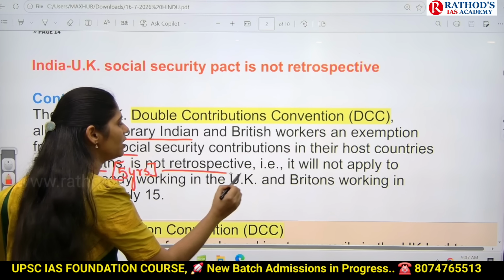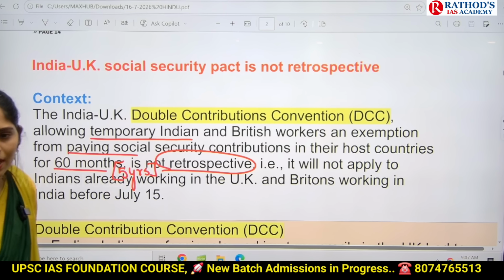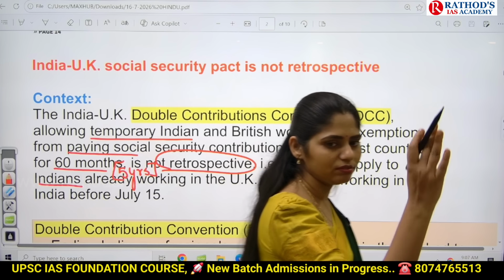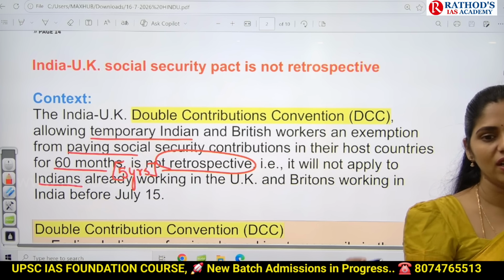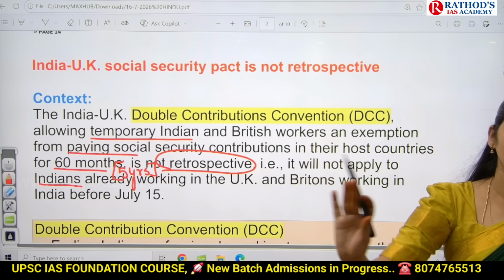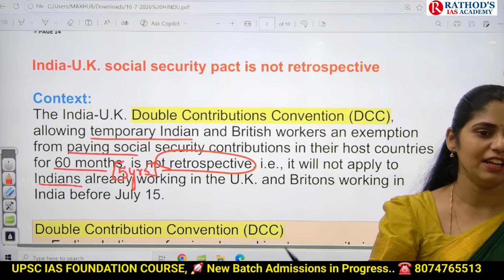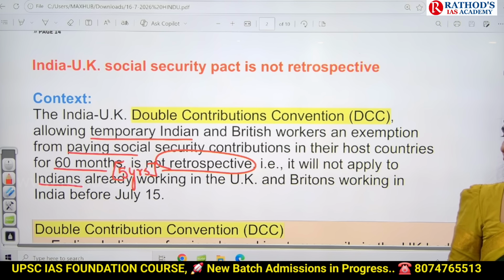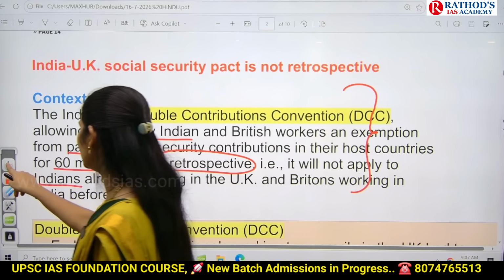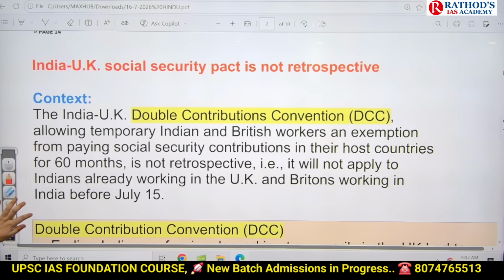And it is not retrospective. Retrospective means it will not apply to Indians who are already working in the UK. Only Indians who go after this trade deal came into effect, for those people only this DCC will apply, not for earlier Indians who already left India and are already working in the UK. That is the context, and the full form of DCC is Double Contribution Convention.